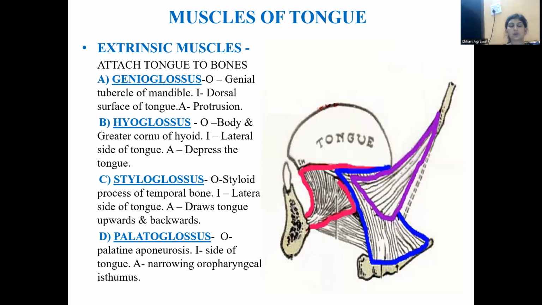Third is styloglossus, which originates from the styloid process of temporal bone, gets inserted over the lateral side of tongue, and action is to draw the tongue upwards and backwards. Then palatoglossus, which originates from the palatine aponeurosis, gets inserted at the side of the tongue, and action is causes narrowing of the oropharyngeal isthmus.